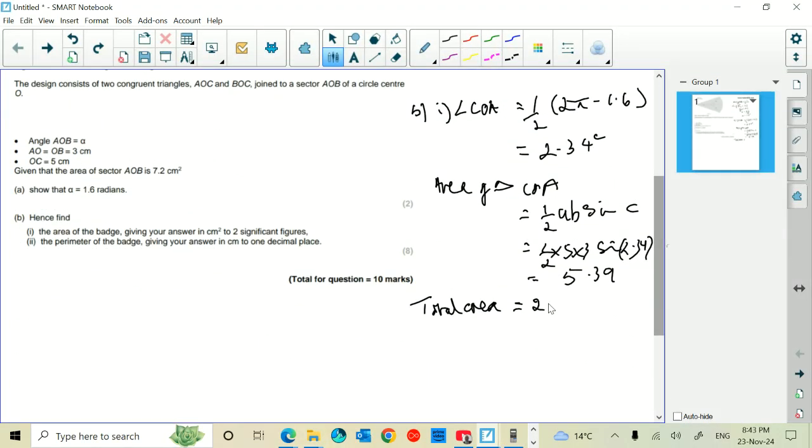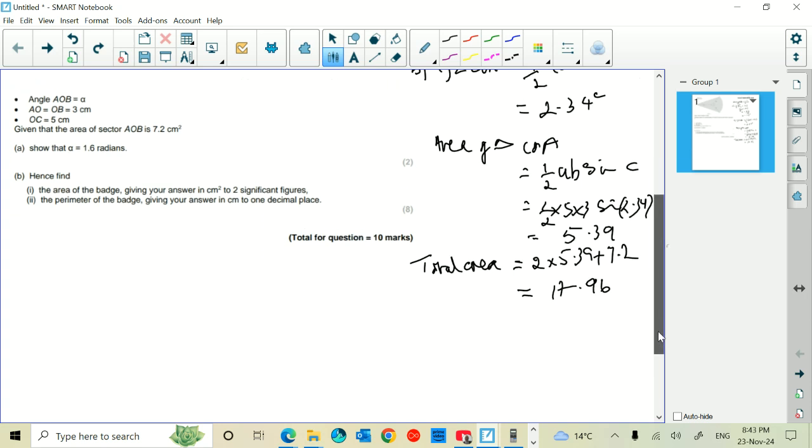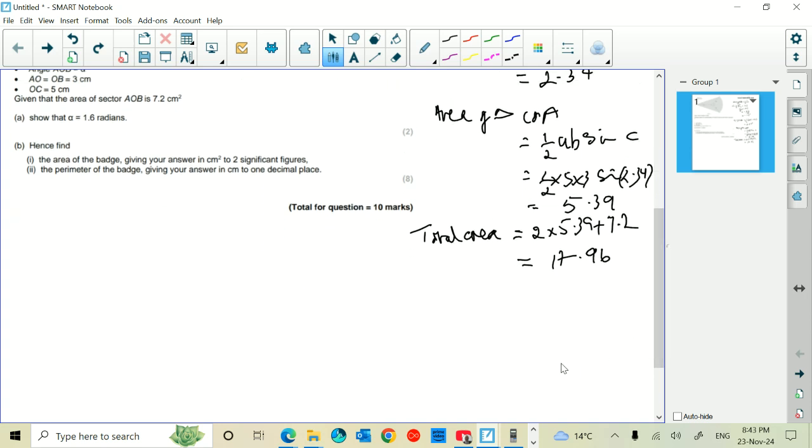So that will give me 2 times 5.39, and then I've got to add the area of 7.2 square centimeters, because that's the area of sector AOB. And that gives us a total of 17.96 on our calculator.